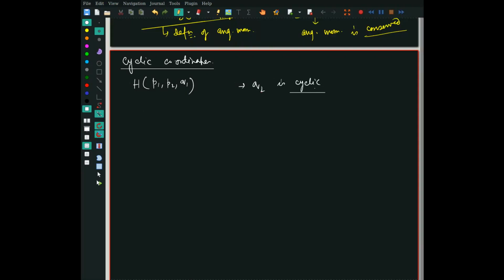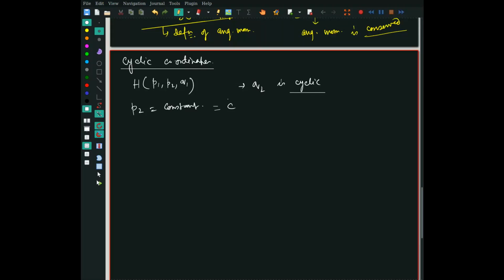Since q2 is cyclic, from Hamilton's equation you will have p2 equals constant. And if p2 is constant, you can replace it by a constant C, determined from your initial condition. If you know the value of p2 at some time, it stays there.